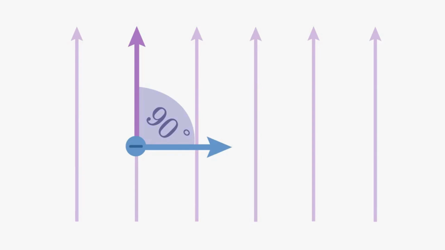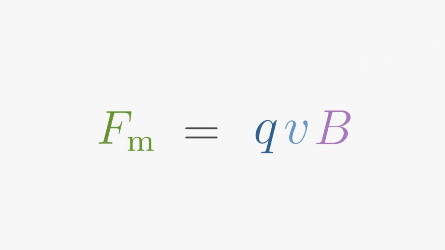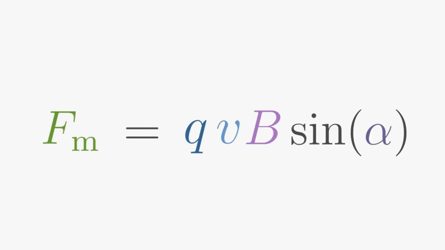Movement at an angle to the magnetic field. You don't always have the simple case where the charge flies perfectly perpendicular to the magnetic field direction. Here we see the magnetic field lines from the side. Previously we had the case where a charge was flying at a 90 degree angle through a magnetic field, but if it flies at an angle alpha which is not 90 degrees, then we have to add sine alpha to the QvB formula.